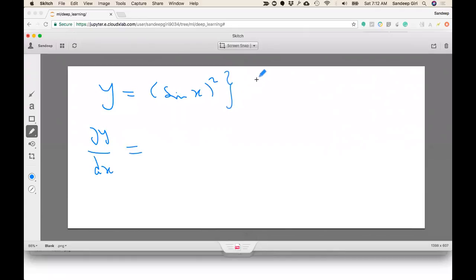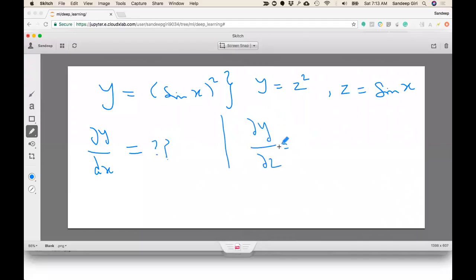So what we do is we express this in the form of y equals z square, where z is equal to, say, sine of x. In order to compute this, we first compute dy by dz, which is, anybody?